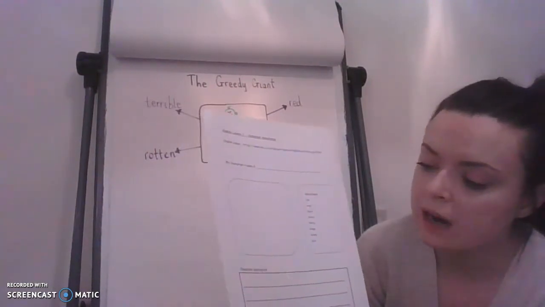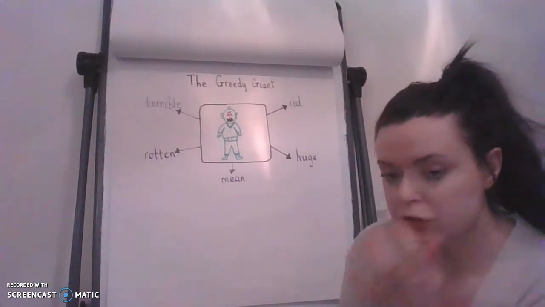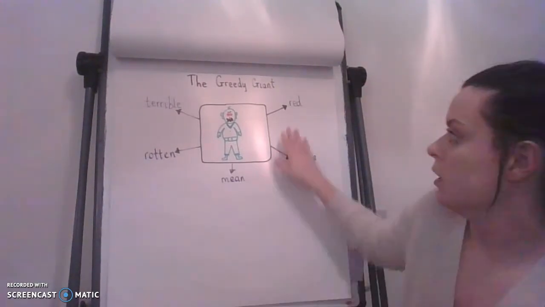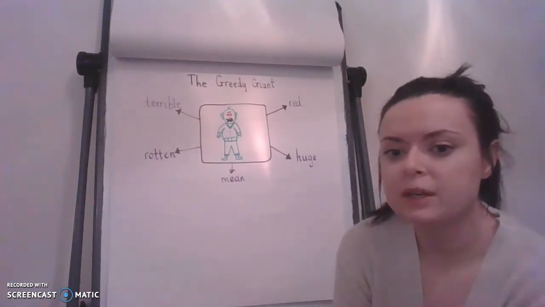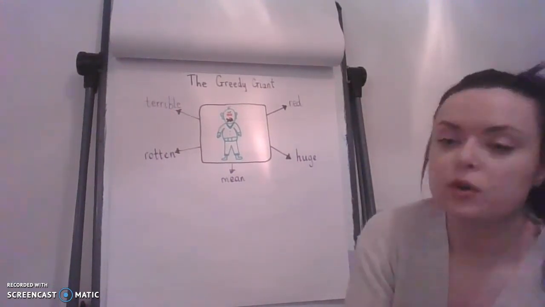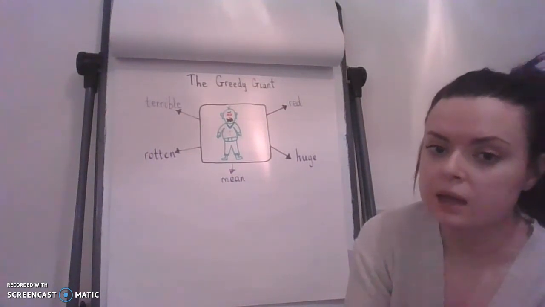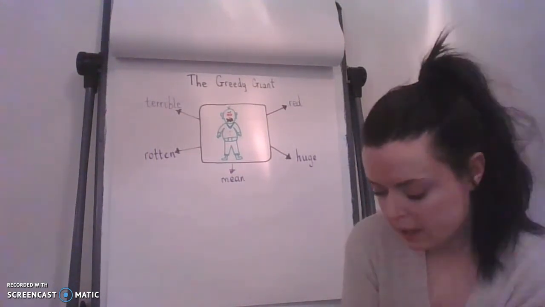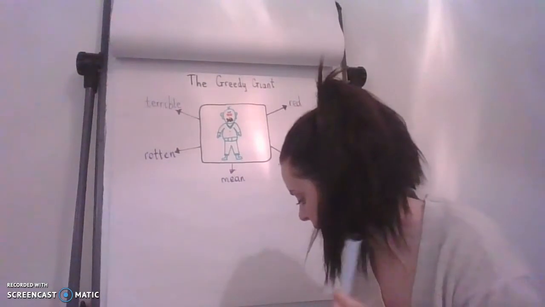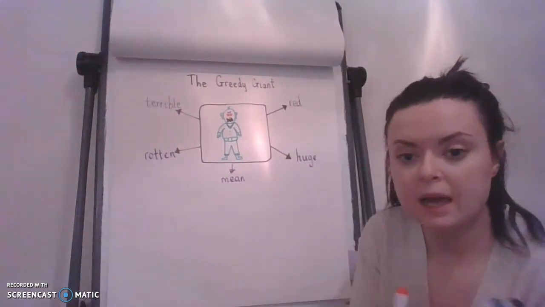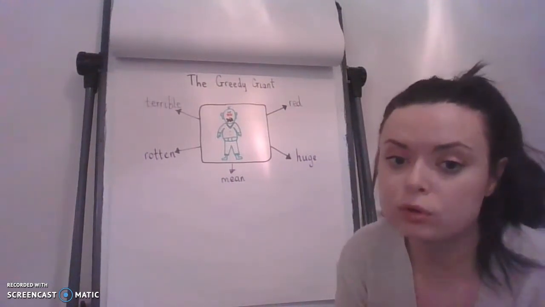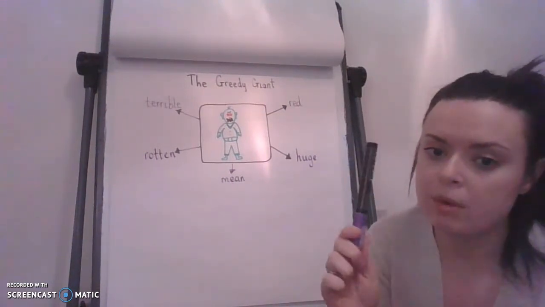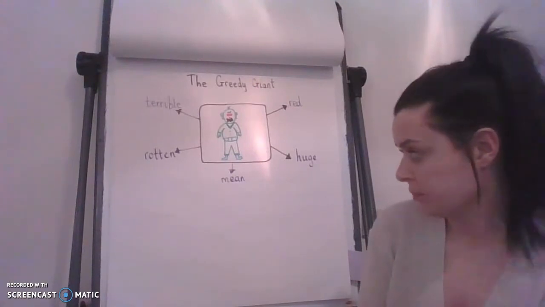So moving on to our character description, I'm just going to write a sentence about the greedy giant. That's not right, is it? The greedy giant. Just to help you with your character description. Okay, so what we need is my black pen, green pen for capital letters, my red for punctuation, and of course I'm going to be adding adjectives, so I've got my purple pen ready.